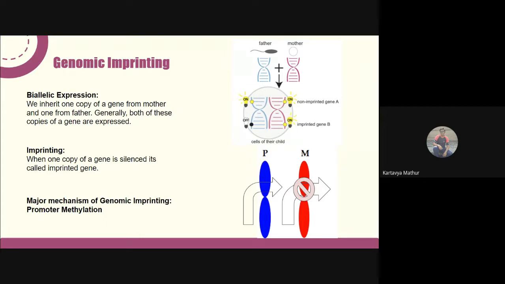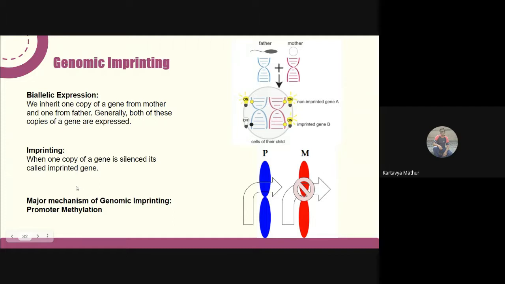But in imprinting, only one copy of the gene gets expressed. This phenomenon is called imprinting of genes.